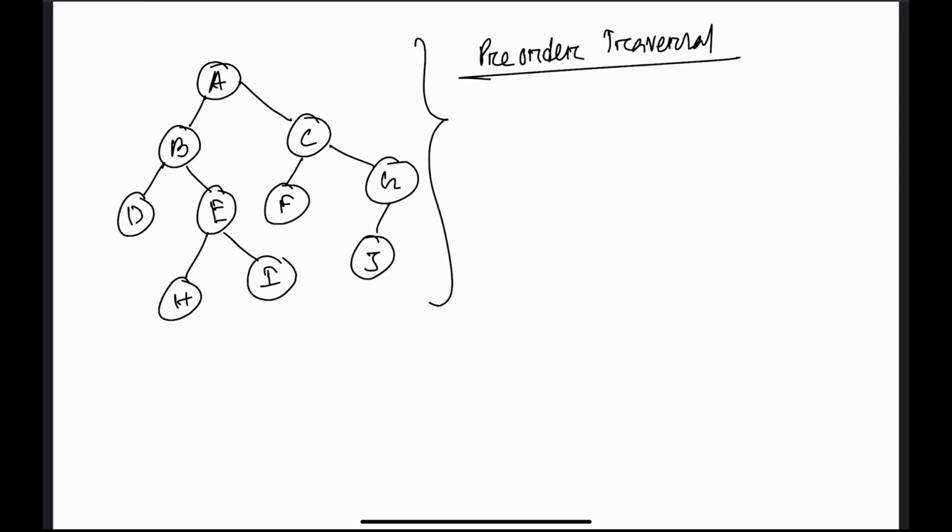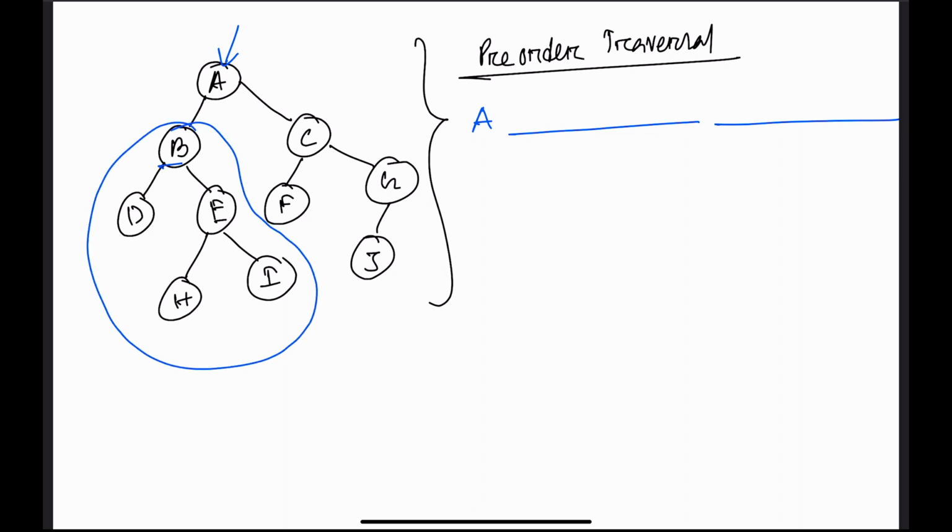How? In pre-order, obviously the root comes first, then a would be printed out, then left subtree, and then right subtree. In this left subtree, who is the root node? Obviously b. Then b will come, then again on the left, what is there? D. In the right there is another subtree, and here e is the root, that's why e will come first, then h, and then i. You understood?